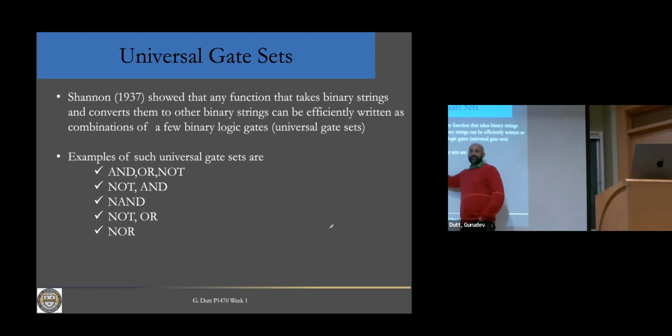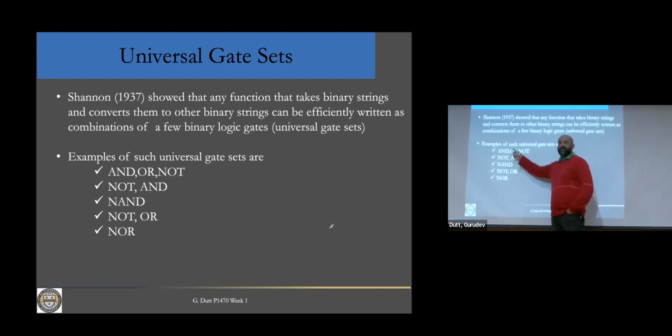So AND, OR, NOT: that's two 2-bit gates and one 1-bit gate. Or then you can show that this AND and NOT can be made into an OR, which is pretty simple to understand. So therefore, just NOT and AND is enough. Wait a minute, NOT AND is just one gate, so just one is needed, right? So that is the powerful simplification.